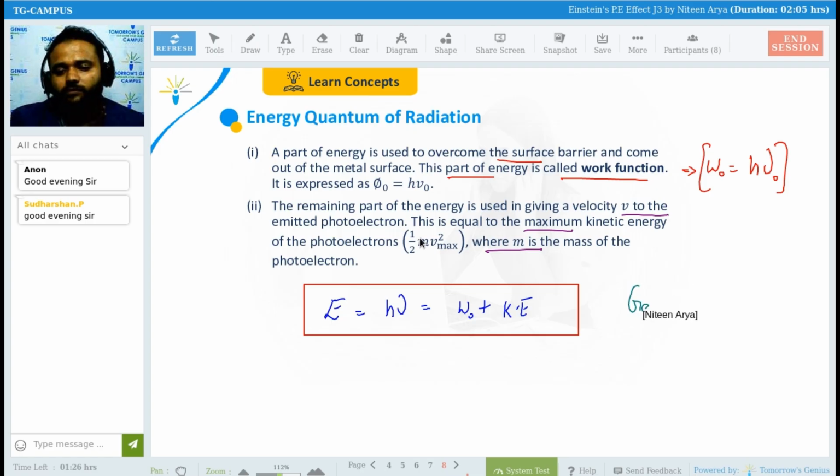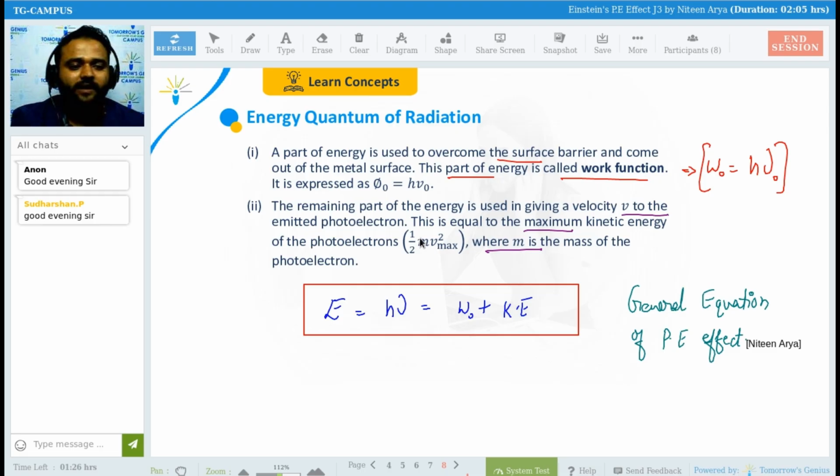Everything is related to this general equation. Why should I write this? Because even if you learn the particle nature or the wave nature, this is the general equation of the photoelectric effect. Clear, beta?